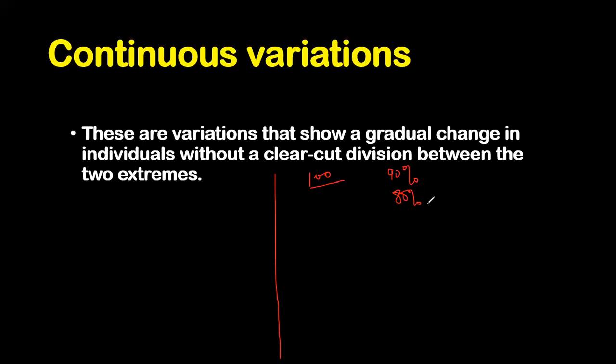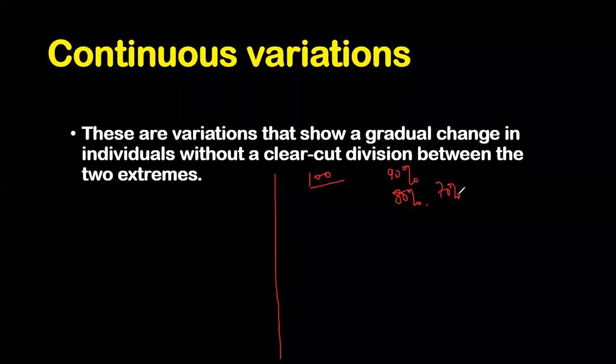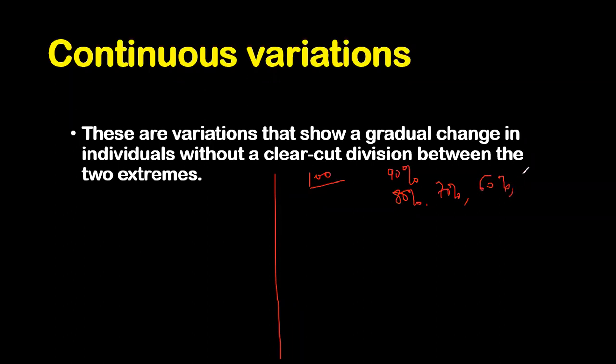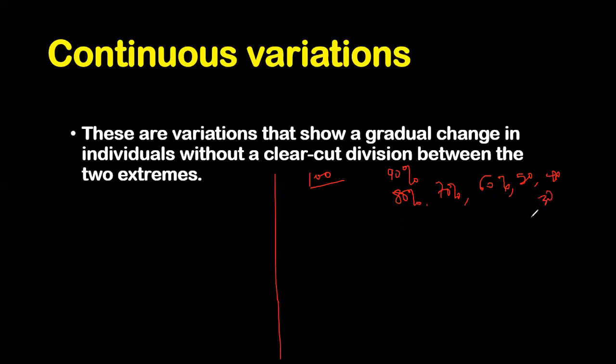How many people manage to get 70%? Then how many people manage to get around 60? Then how many manage to get around 50? How many? 40, around 40%, around 30%, around 20%.